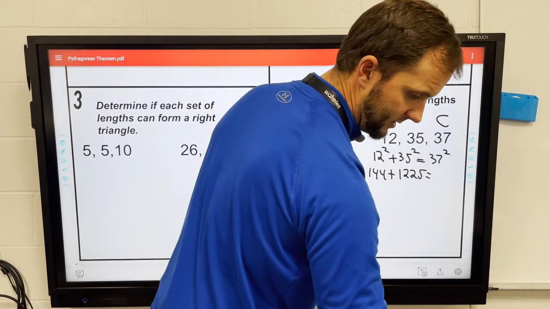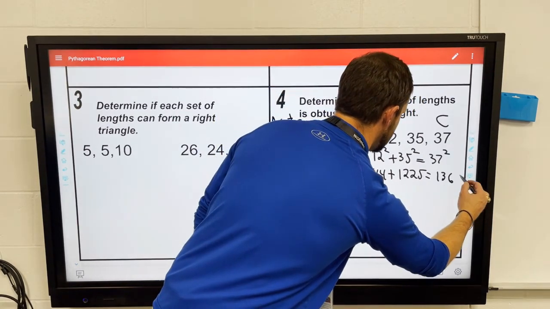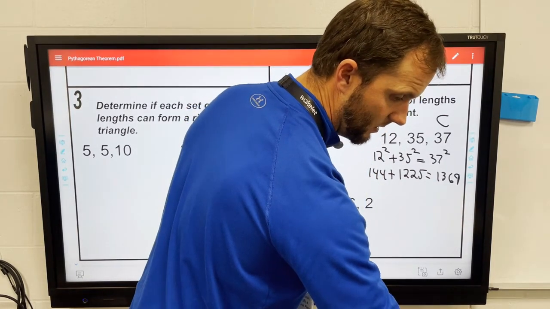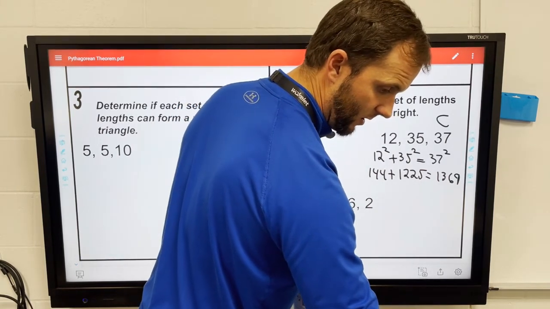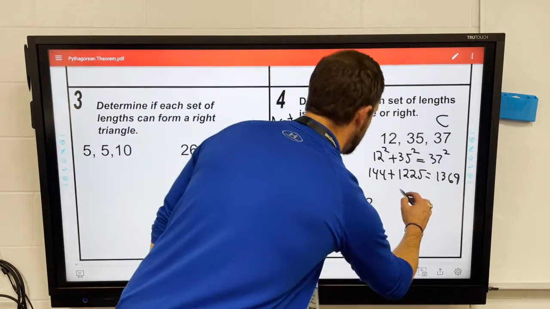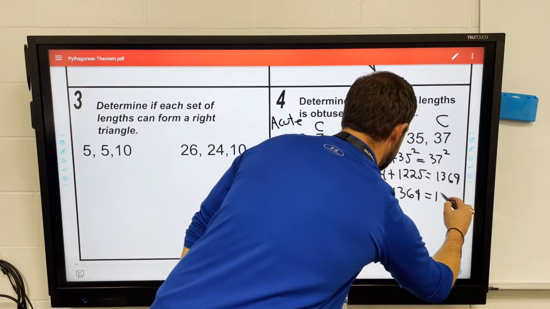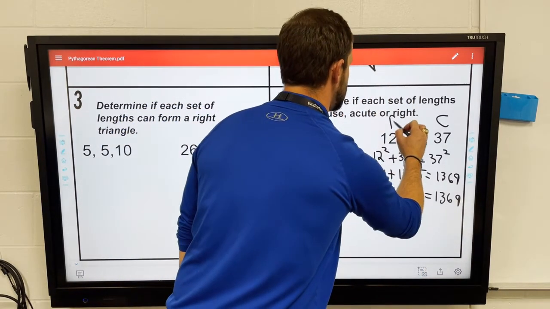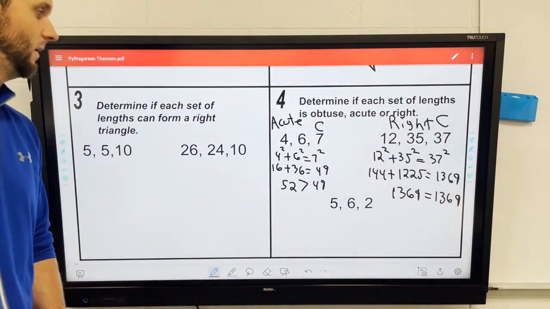And then 37 squared is going to be 1,369. So if I add 1,225 to 144, that's going to come out to be 1,369. So does 1,369 equal 1,369? I think it does. So this is going to be a right triangle because it satisfies the Pythagorean theorem, okay?